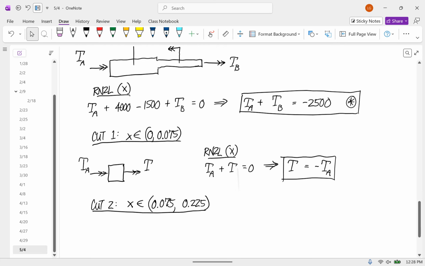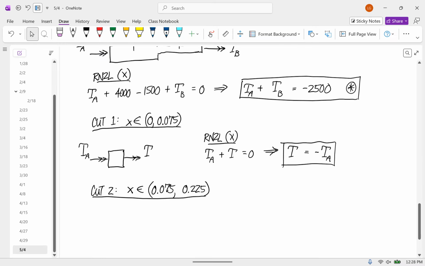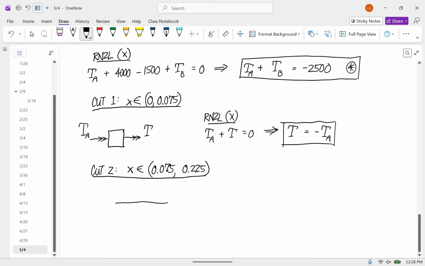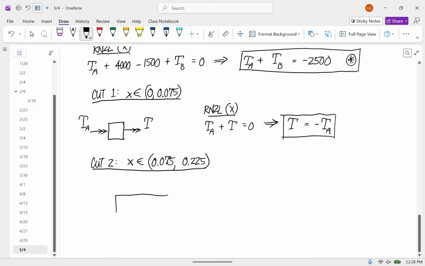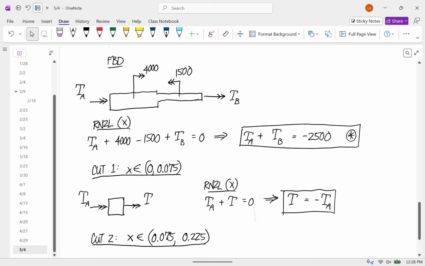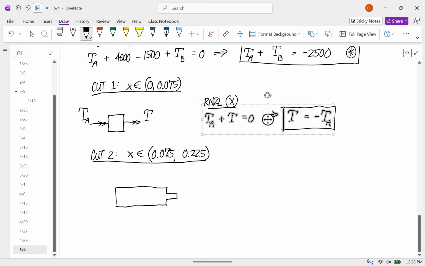And this time we're dealing with something past that first torque of 4,000.